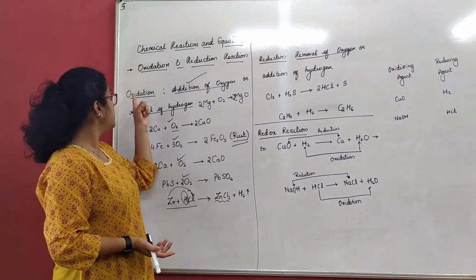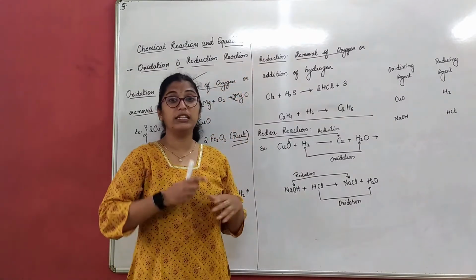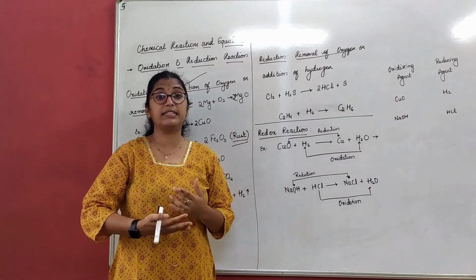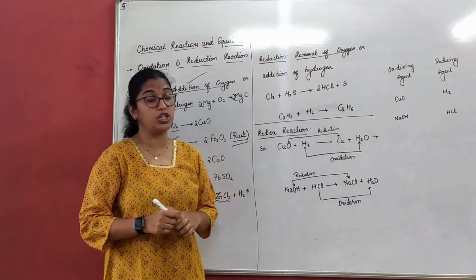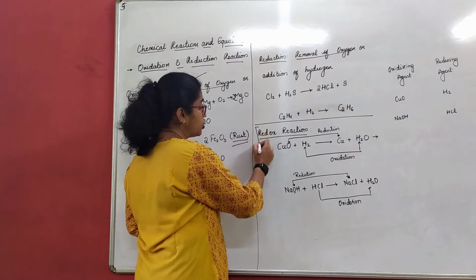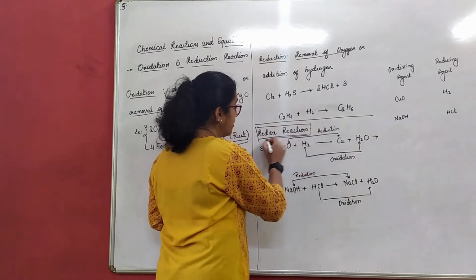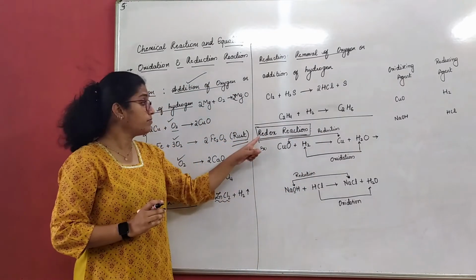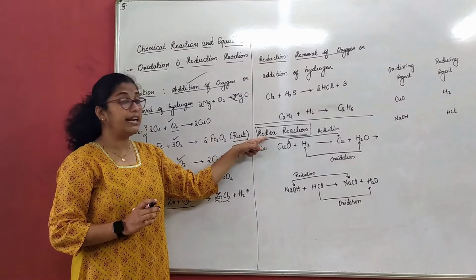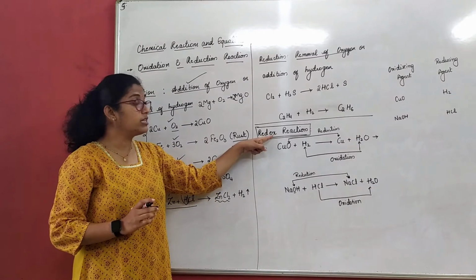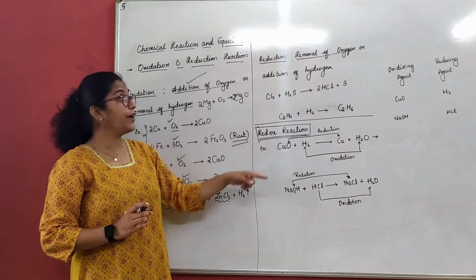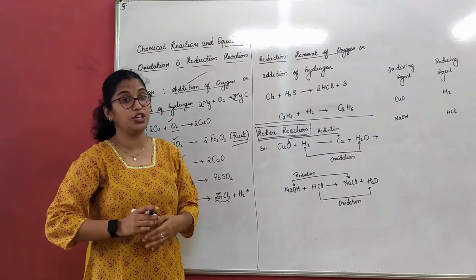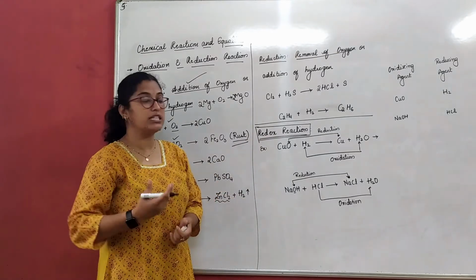Now what will happen? Oxidation and reduction will happen simultaneously in one given equation. Such a type of reaction is called a redox reaction. Redox because red is for reduction, ox is for oxidation. Why don't we call that an ox-red reaction? No, because it might not sound well.